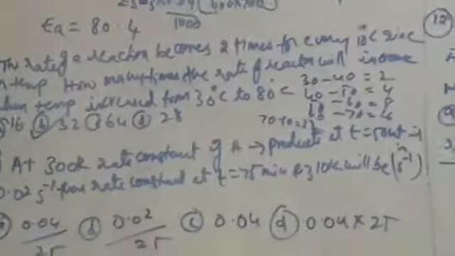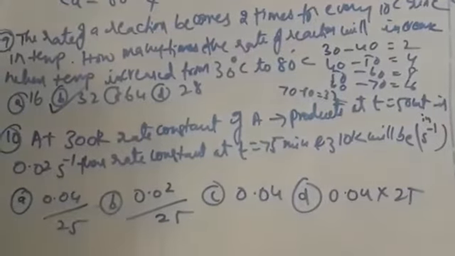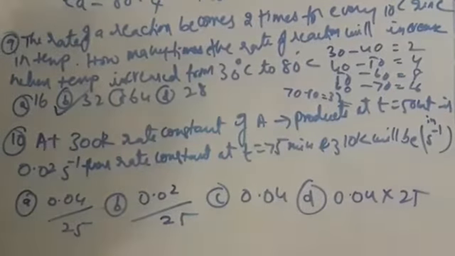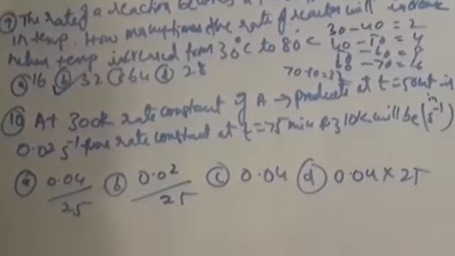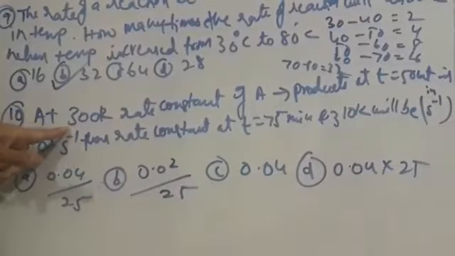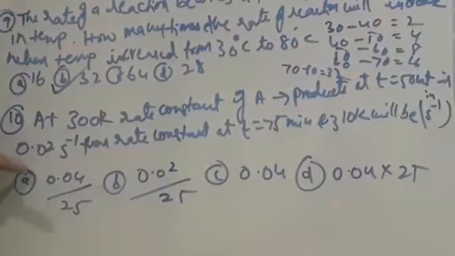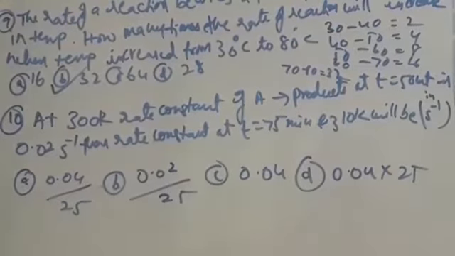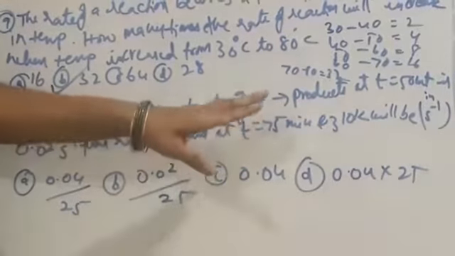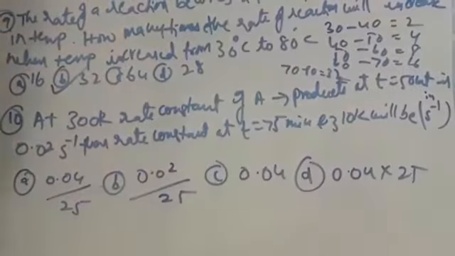Next, the 10th one. At 300 Kelvin the rate constant of A to products at t equal to 50 minutes is 0.02 second inverse. Then what will the rate constant be at t equal to 75 minutes and temperature 310 Kelvin?